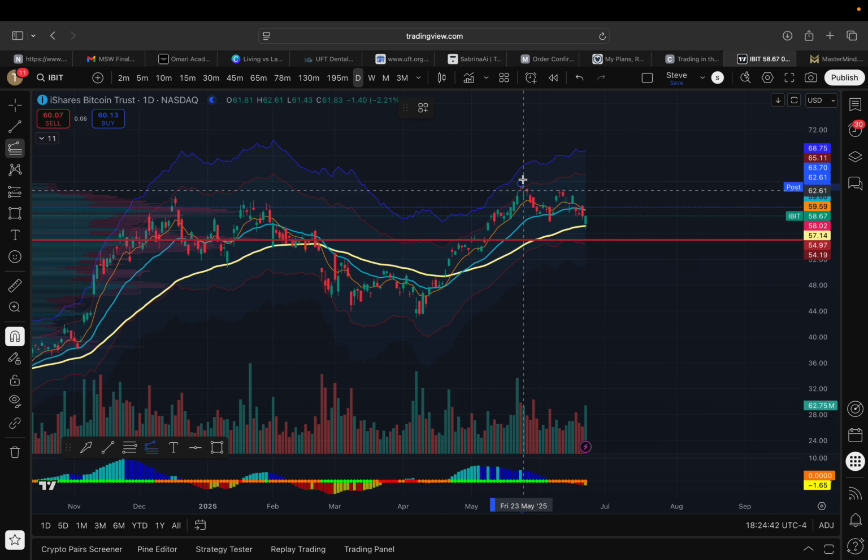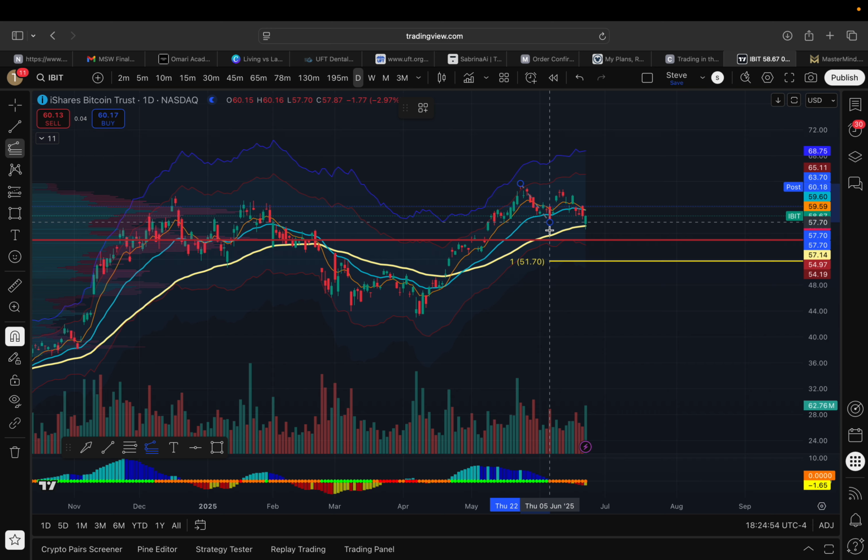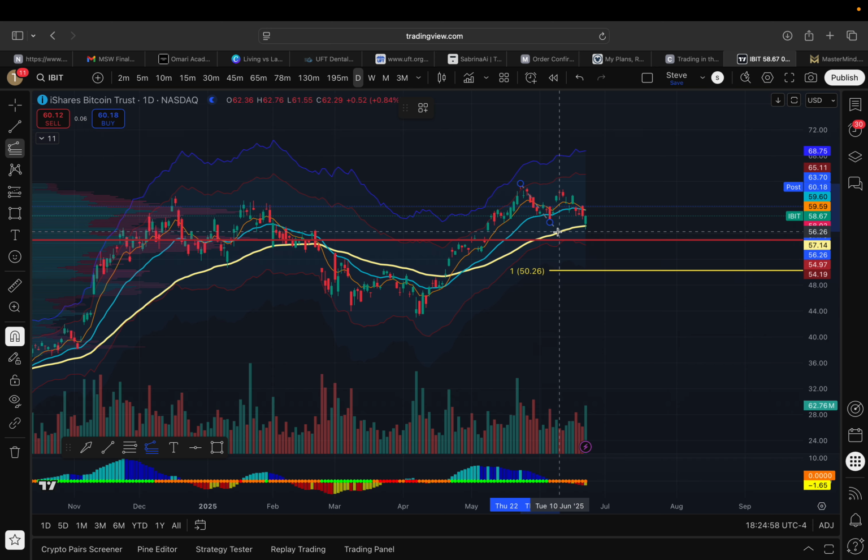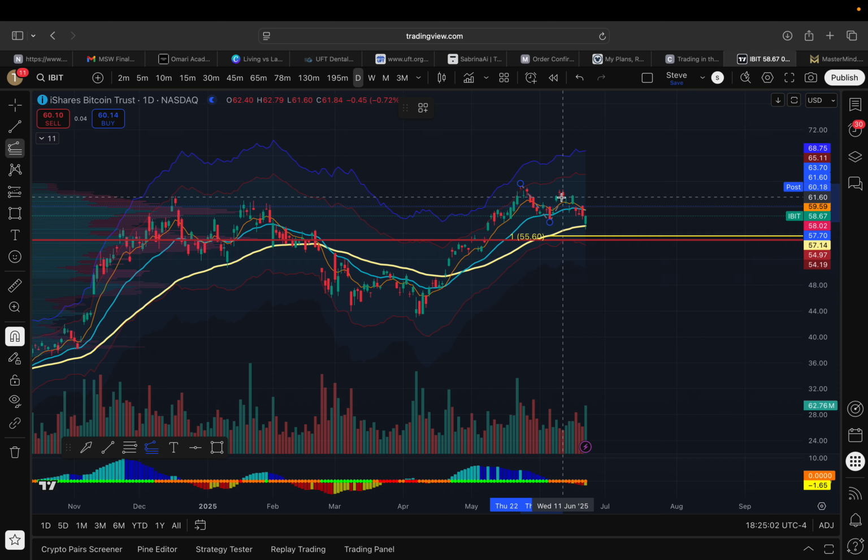From this high over here, when IBIT hit 63.70, we measure to the swing low, which came in at 57.70, and then we move the point back to the next swing high, which is 62.79.